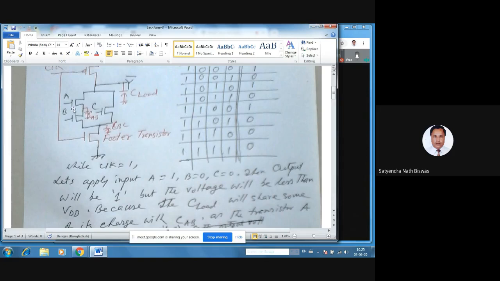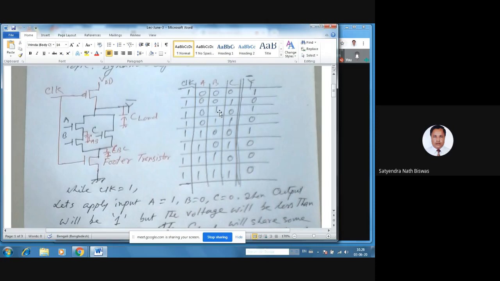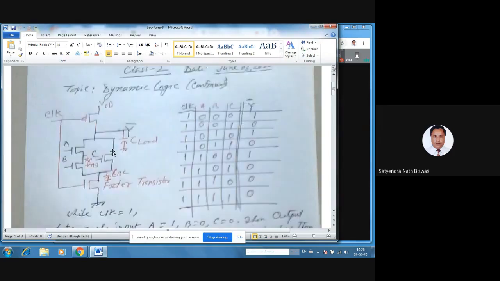And the next time, when we turn off A and turn on B, let's say A is 0, B is 1 and C is 0, this third condition, the A and C transistors are off, but the B transistor is on.